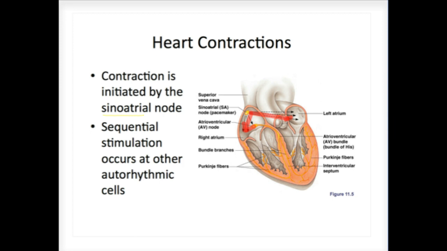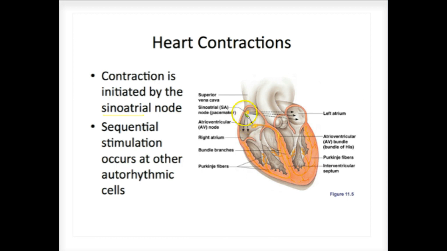As the muscle cells are depolarized, just like we talked about with skeletal muscle, we have a shortening of the fibers here in the cardiac muscle. Remember that cardiac muscle has striations just like skeletal muscle. And as that signal comes through here, one of the things you want to look at is this little piece right here. See this right here? That is the atrioventricular bundle.